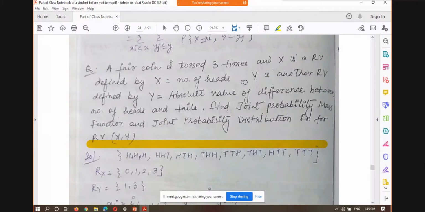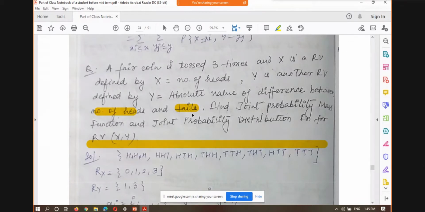You just have the information that the coin is fair and it is tossed three times, and on the basis of this experiment, x is the number of heads and y is another random variable, defined by the absolute value of the difference between the number of heads and the number of tails.